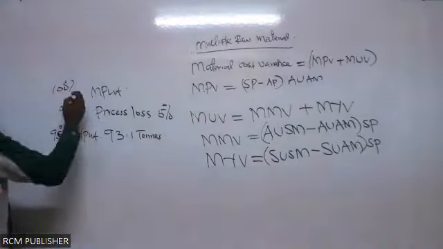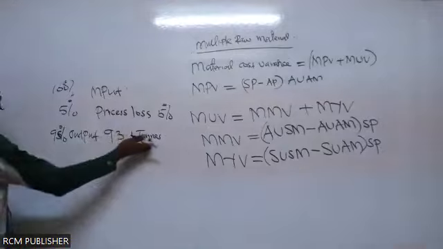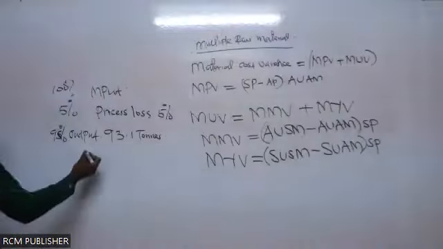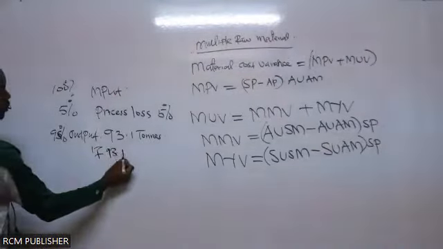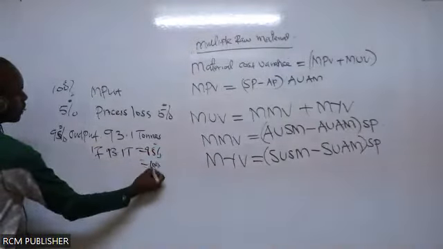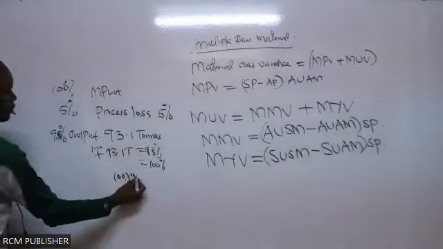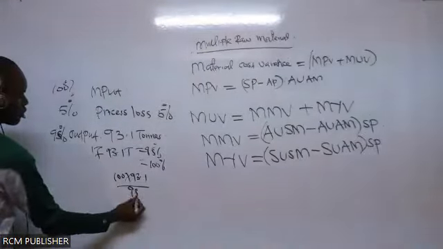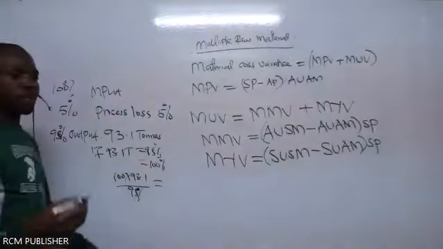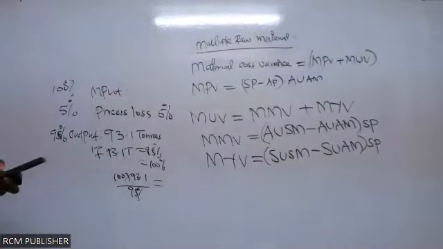The important thing here is to get the input. So what was the input? What did they bring in for them to achieve the output of 93.1 tons? So if 93.1 tons is equal to 95%, are we able to get 100%? How many tons did we bring in to achieve that?